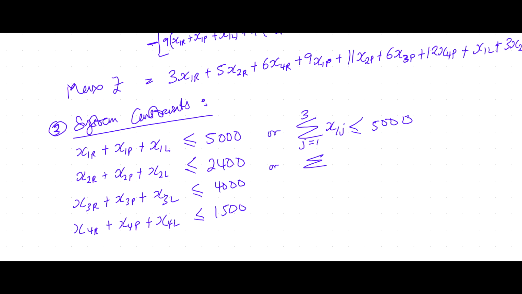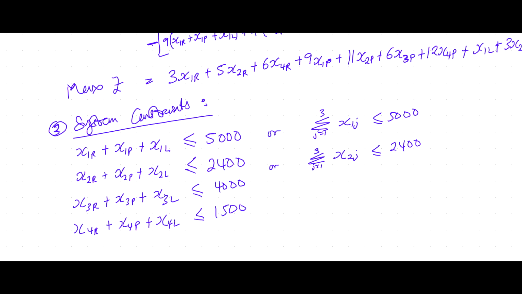Let me reduce the size of this so that the presentation will be great. So the summation here for X1J is less than or equal to 5,000, but J is moving from 1 to 3, right? The same thing, summation X2J is 2,400, and also J is moving from 1 to 3, RPL.